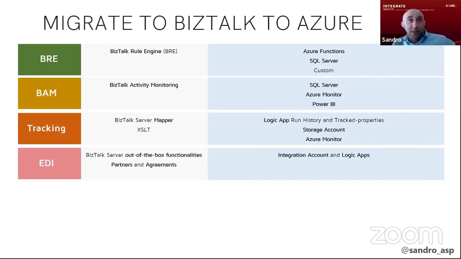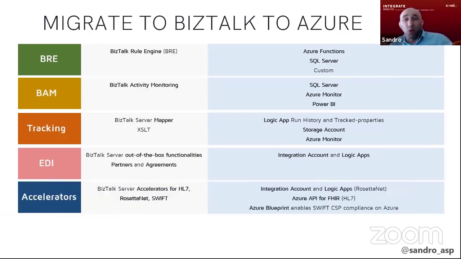EDI. This is one of the out-of-the-box functionalities of BizTalk. There are partners and agreements to support all the EDI schemas. In Azure, we have integration accounts and Logic Apps to do that. If you go to the other accelerators like RosettaNet, HL7, and SWIFT, RosettaNet is supported by integration accounts and Logic Apps. HL7 is more weird.